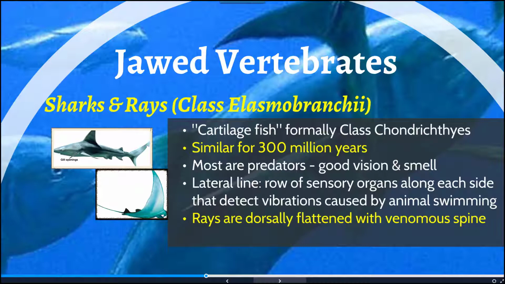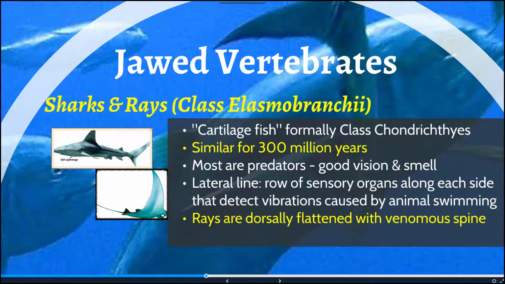They are formerly part of a class called chordates, but there's been some reorganization in the phylogenetic structure for these organisms. They've been similar for about 300 million years, so kind of amazing how these organisms have been so adept and suited for their habitat that they don't need to change.